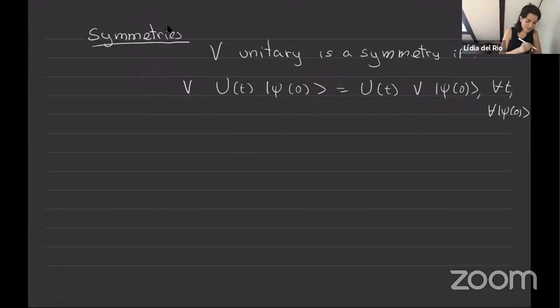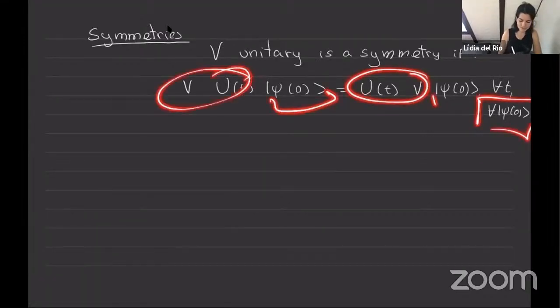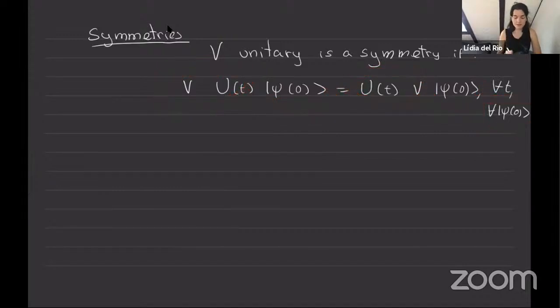And let's just put this in simpler mathematical terms to see what this means. Look, this must hold for all initial states. If two matrices commute when applied to a state, this does not necessarily mean that they commute. But if this is true for all initial states, then this is true in particular for states that span a basis. So in the end, this means that they do commute. Yeah? So this means that the commutator of V and U of t must be 0 for all times.